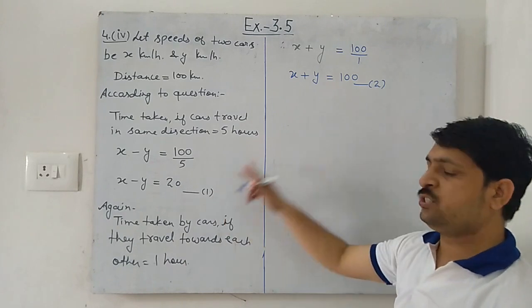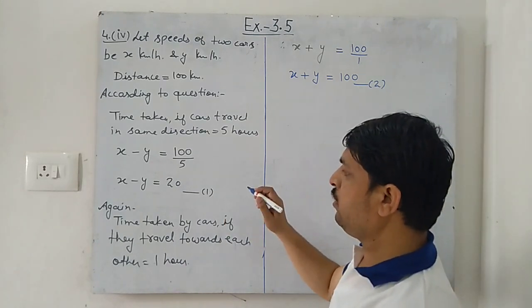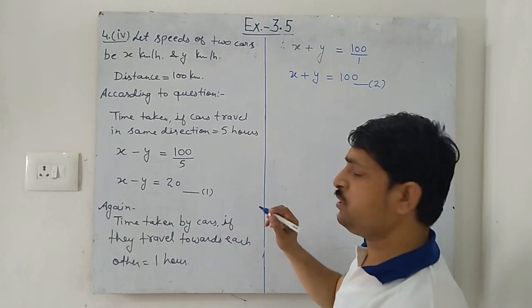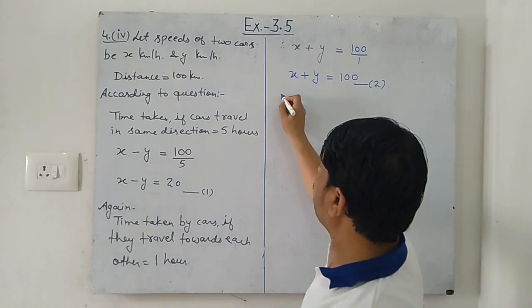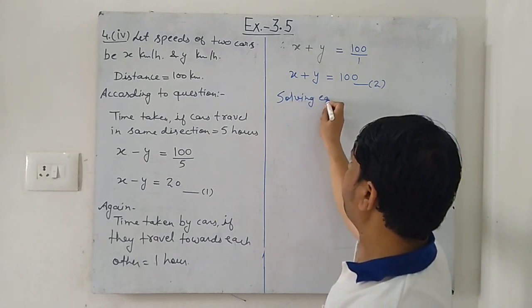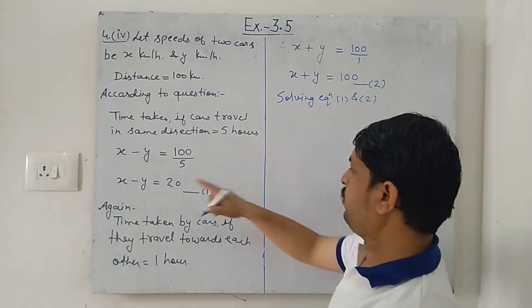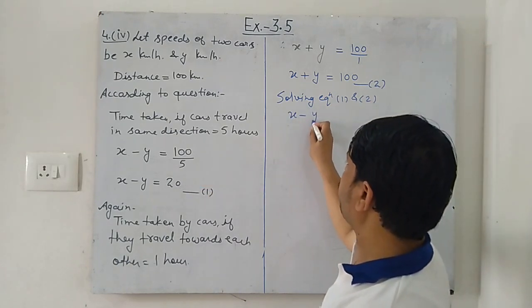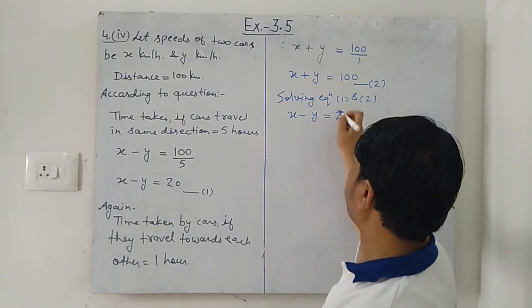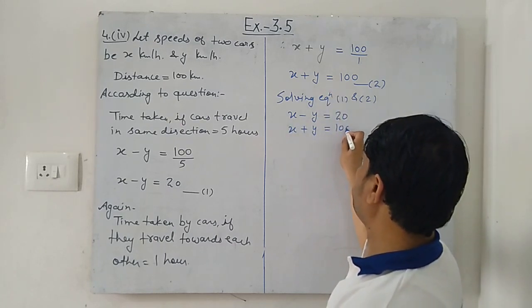Now we can solve these two equations by any algebraic method. We are applying here an elimination method. So solving equation first and second, x minus y is equal to 20, and the second equation is x plus y is equal to 100.